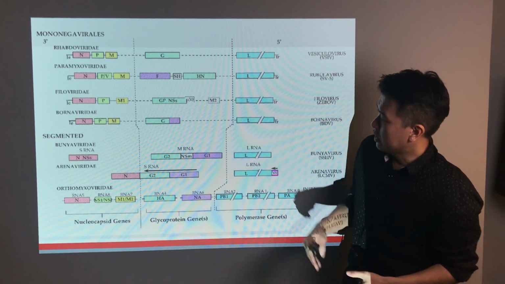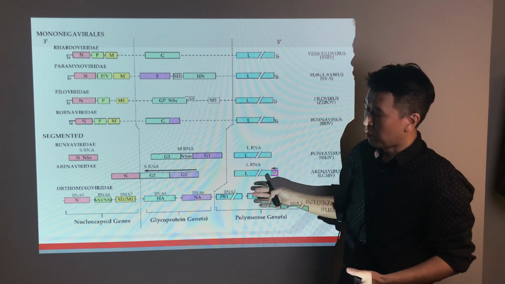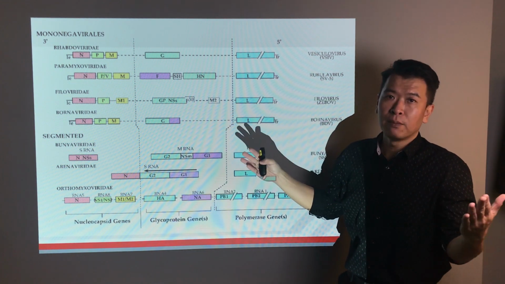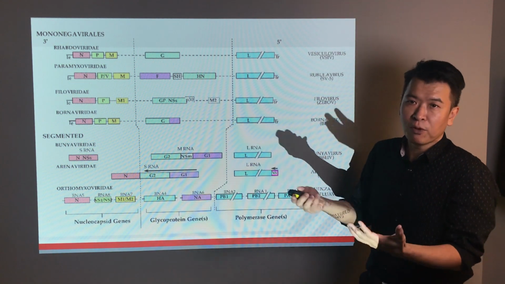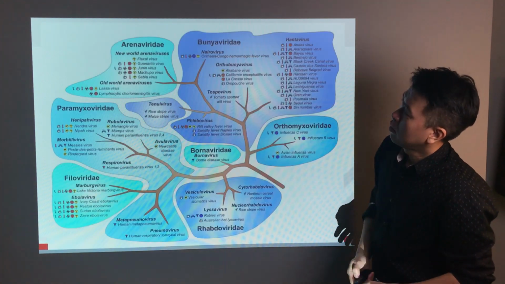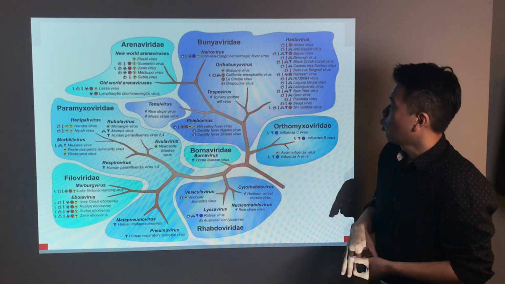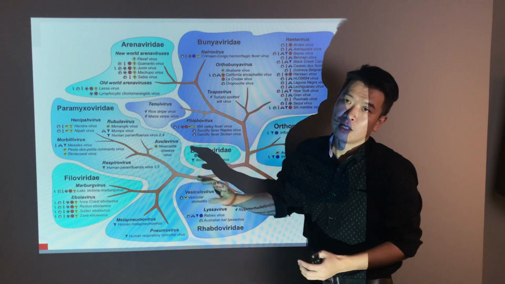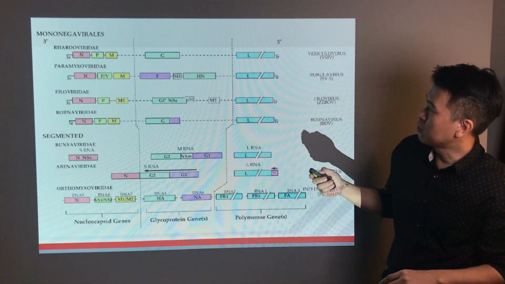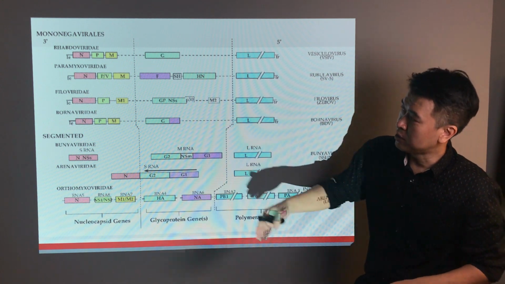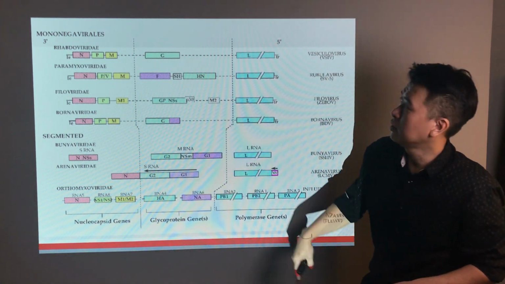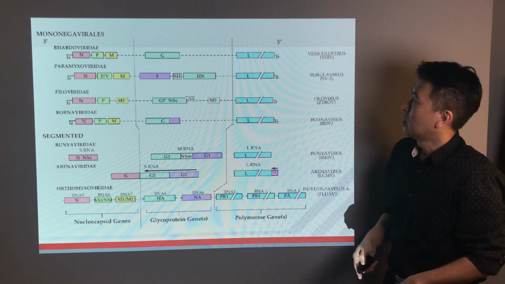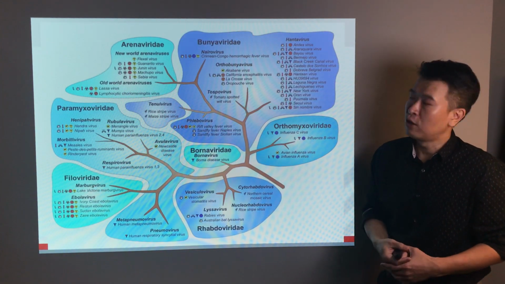Over here you can choose the polymerase across the family of viruses, align them and compare them, and from there you will be able to build a phylogenetic tree, which will then group the viruses accordingly. Not only can you use the polymerase, you can also use the nucleocapsid protein or other available proteins to build this phylogenetic tree.